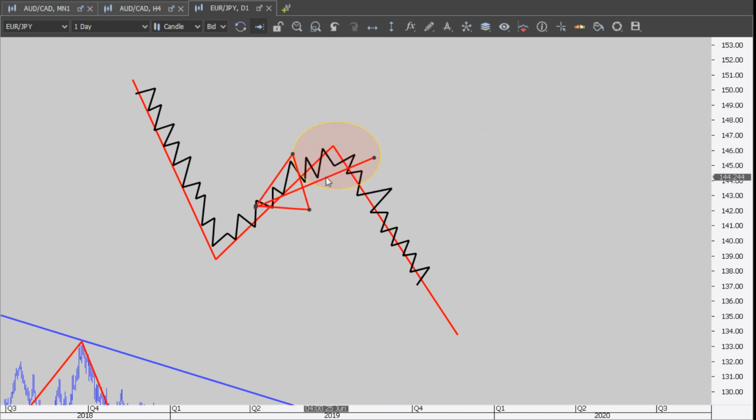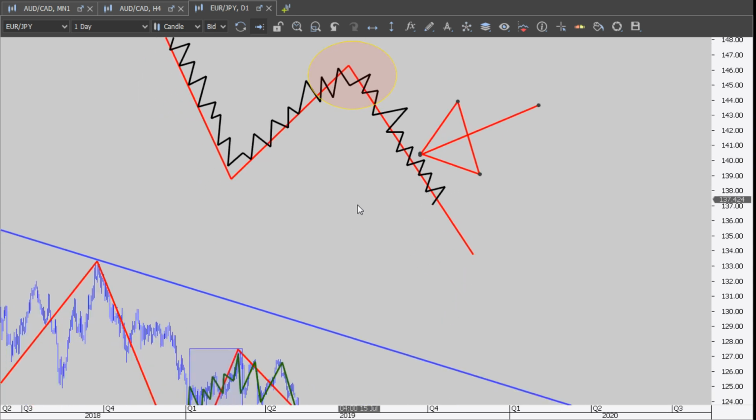Okay? So, we learned this, right? Extensions and retracements and the relevant highs and lows are the borderlines when you are going to have change in the trend direction. Okay?